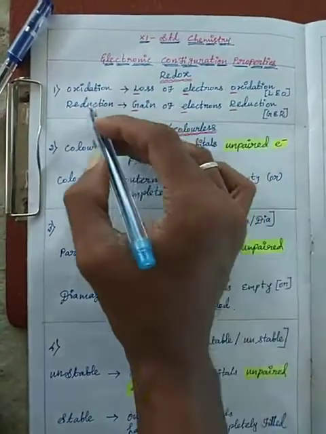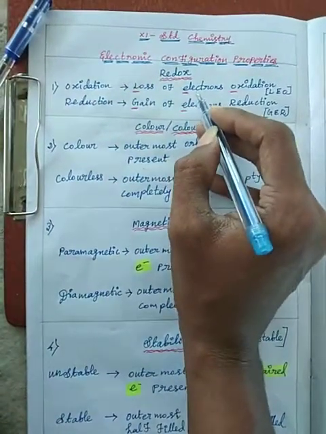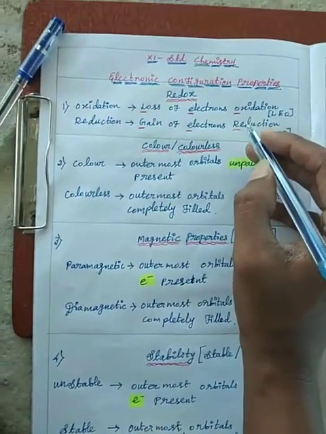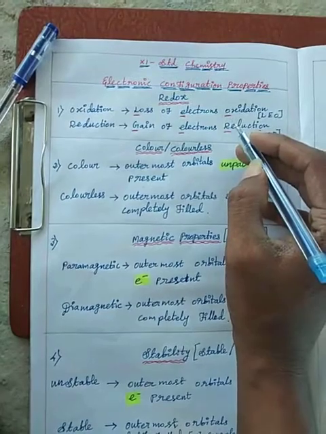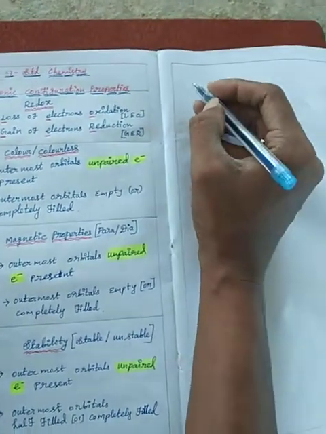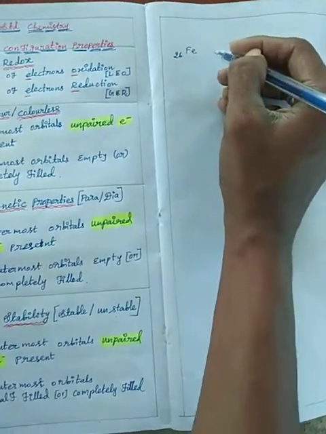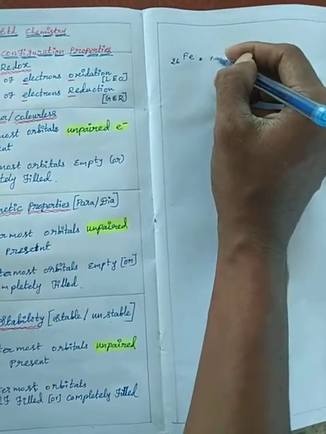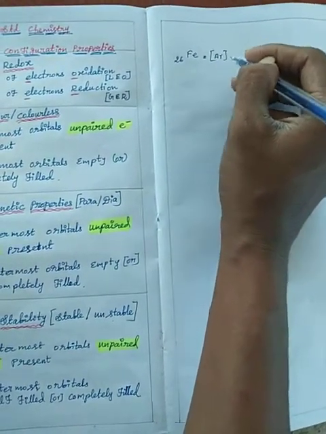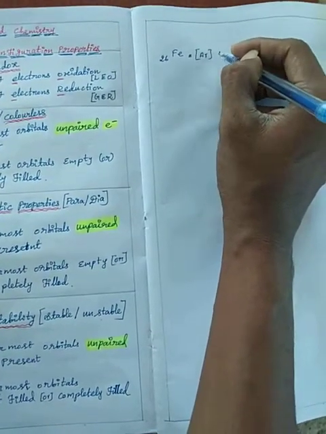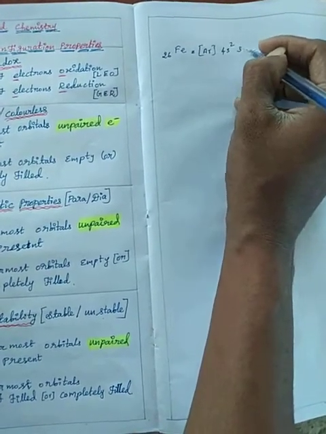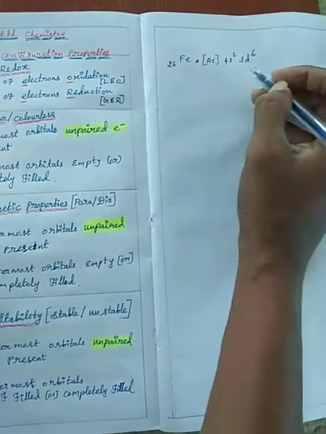Oxidation is loss of electrons; that element loses electrons. For example, consider the ion with atomic number 26. Its shorthand is argon 18, and the outermost electronic configuration is 4s2 3d6.